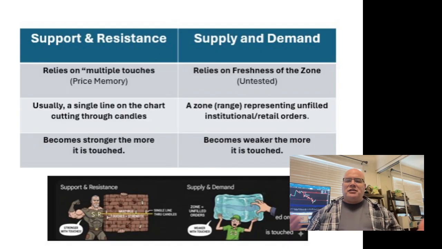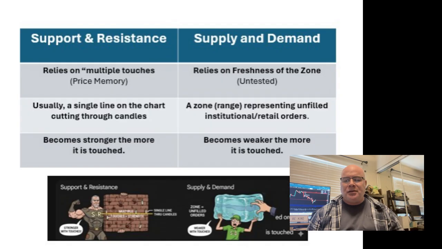Supply and demand is a zone or a range, as we've seen on a few of the charts already, representing unfilled orders from these institutions. Support and resistance becomes stronger the more it is touched. But supply and demand, the more times it's touched, gets weaker.